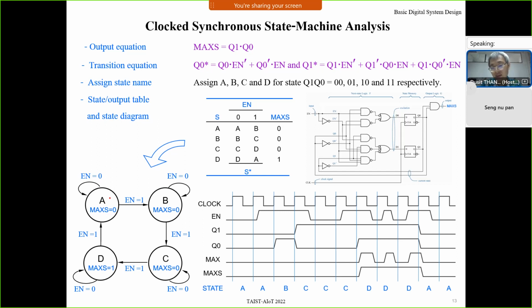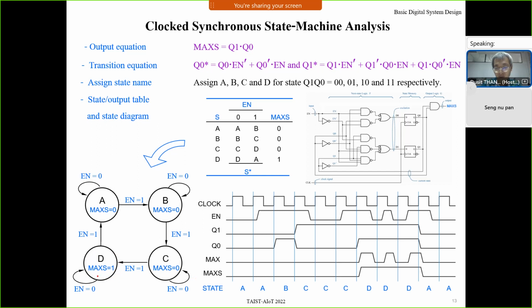Namely, if the circuit is in state A, output is 0. If the circuit is in state D, output then is 1. That's all. So from the previous example, if input changes, and if you know the state for each period of time, you can determine the value of output, right?